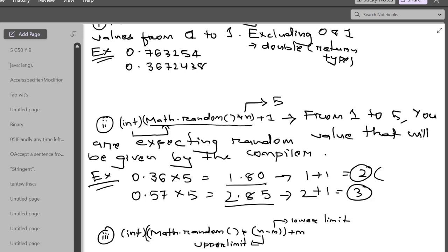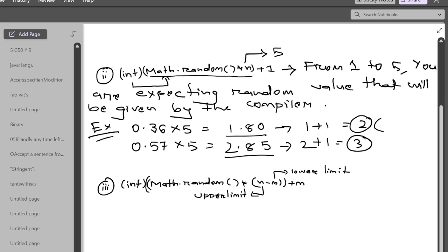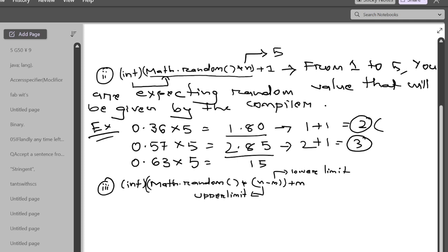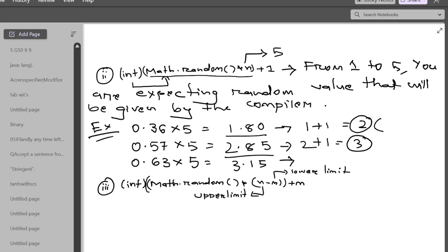Doesn't this 3 lie between 1 to 5? Yes, it lies. Am I getting random values every time? Just go through it very properly. Now I am doing this with 0.63: 5 3s are 15, 5 6s are 30, so 3.15, and this will again get converted into integer 3, then plus 1 is 4.